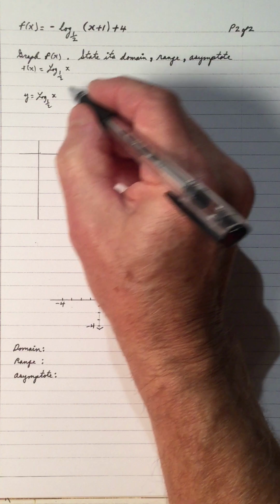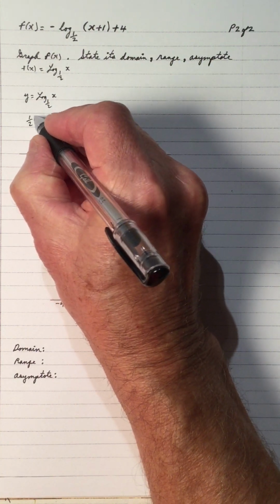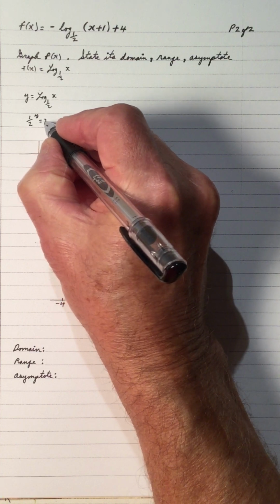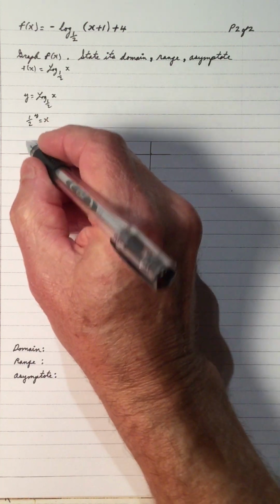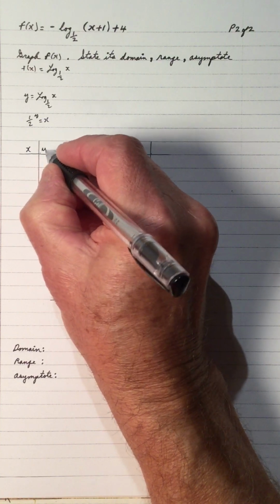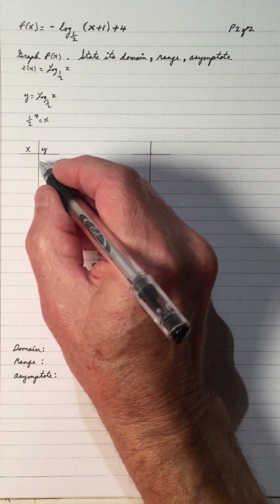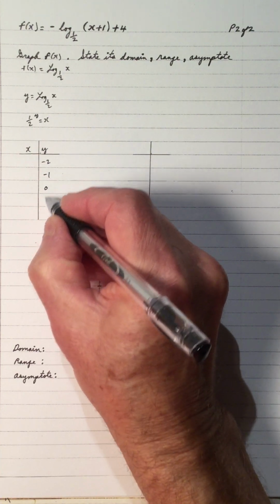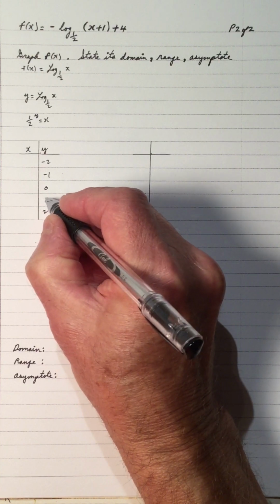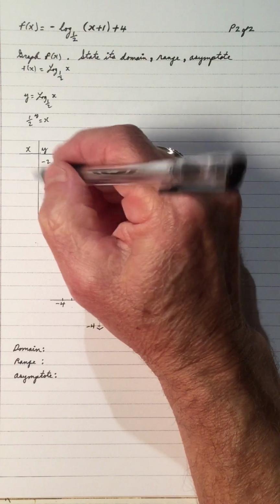And this equation becomes a half to the exponent y equals x. So notice in the log equation, the y is in the exponent. So because y is in the exponent, what I like to do is fill in the values of y as -2, -1, 0, 1, 2. Because if we had an exponential, we'd be filling these values in for x.